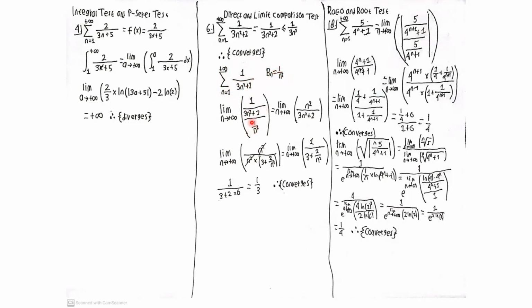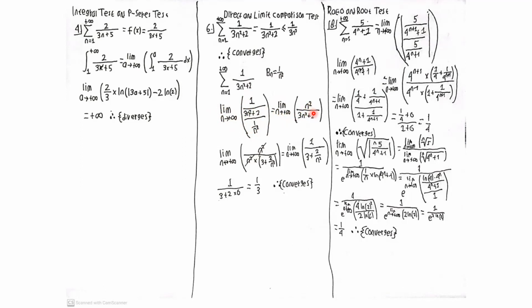Now we need to plug it into this. So the equation will be limit n to plus infinity of, in brackets, 1 over 3n squared plus 2 over 1 over n squared. So we need to simplify it. We get limit n to plus infinity of n squared over 3n squared plus 2.